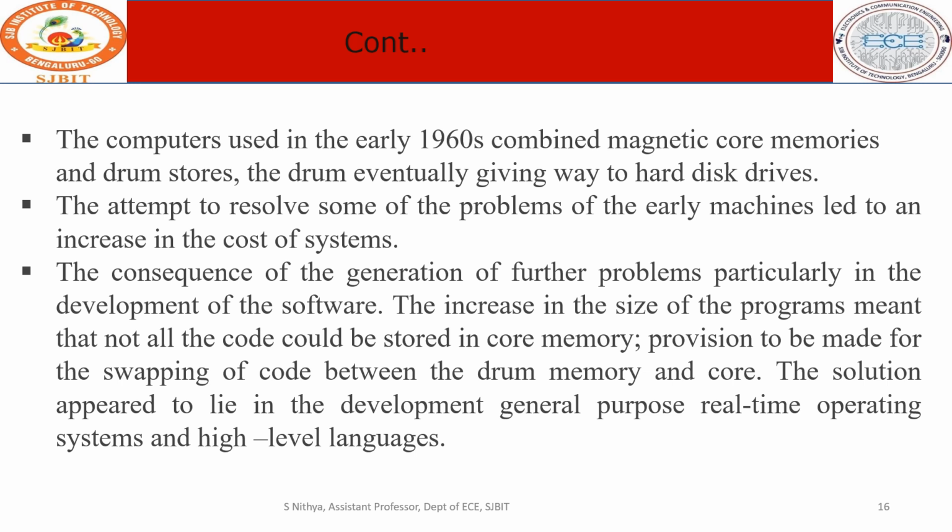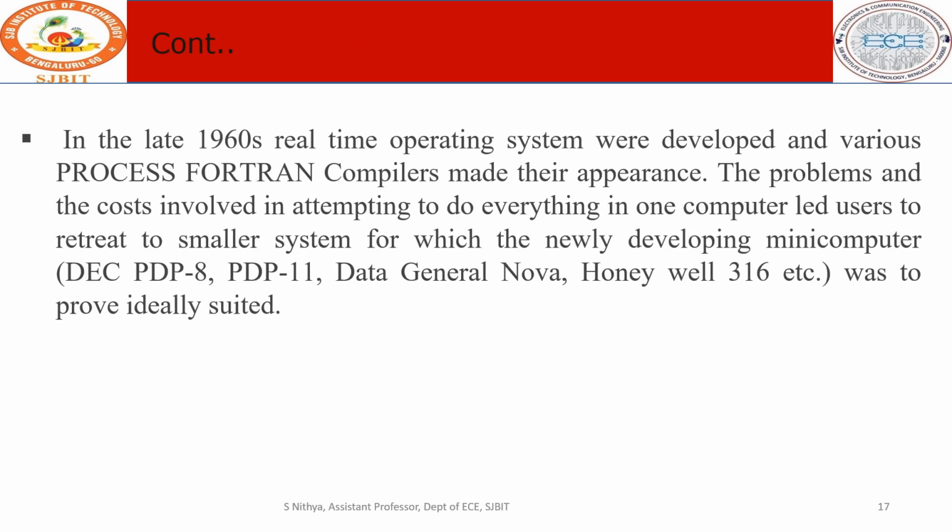Some kinds of ROM are available from the disk. Whenever required, we change the memories, because to increase the memory size we go for swapping. The solution appeared to lie in the development of general purpose real-time operating systems and high-level languages.